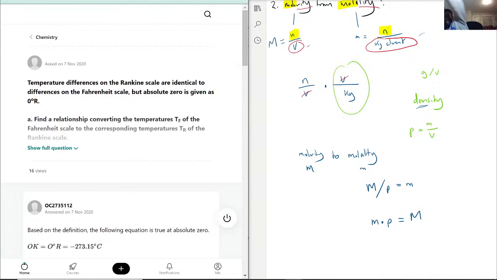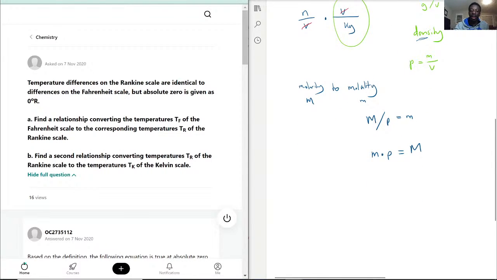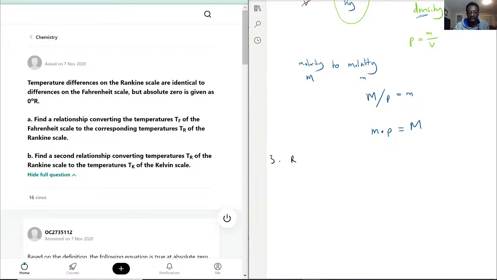Okay, so we have that temperature differences on the Rankine scale are identical to differences on the Fahrenheit scale. So the change in Rankine is the change in Fahrenheit, is what they're saying there.